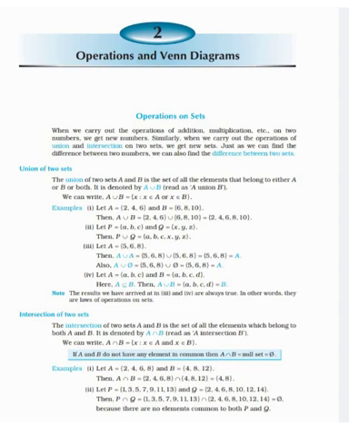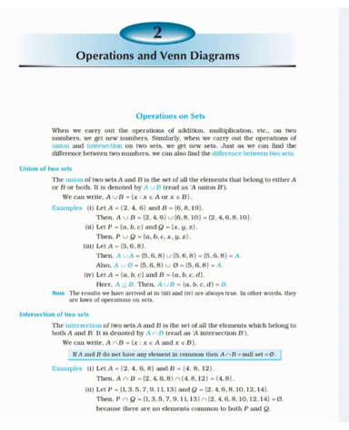Intersection is the opposite of union. The intersection means the elements that belong to both A and B, that is, the common part of A and B. Only the common part is called intersection.